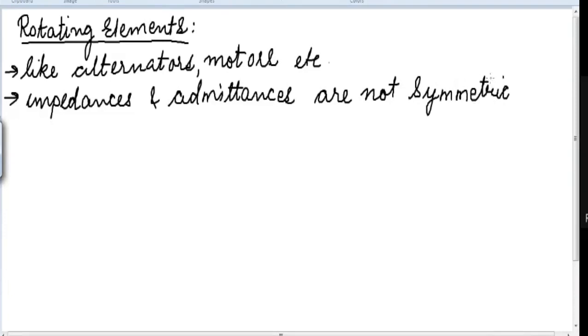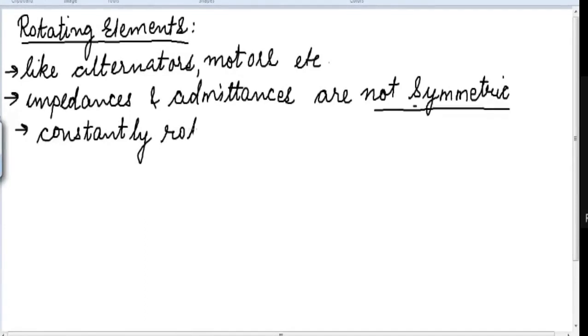They are not static devices, right? So as they are not static devices, their impedances and admittances are not symmetric. What is the reason? Reason is that because they are constantly rotating. So as they are constantly rotating, their impedances and the admittances will not be symmetric. This is an important statement. Please make it a star mark.